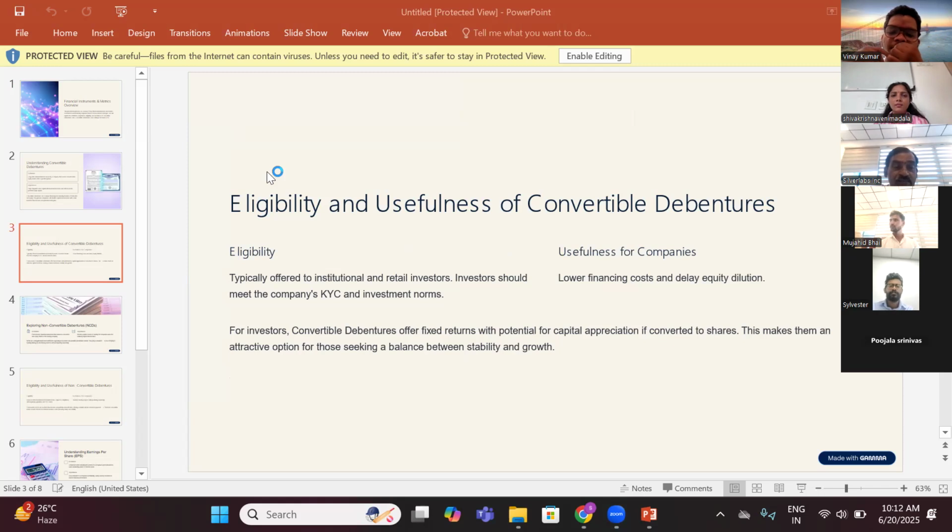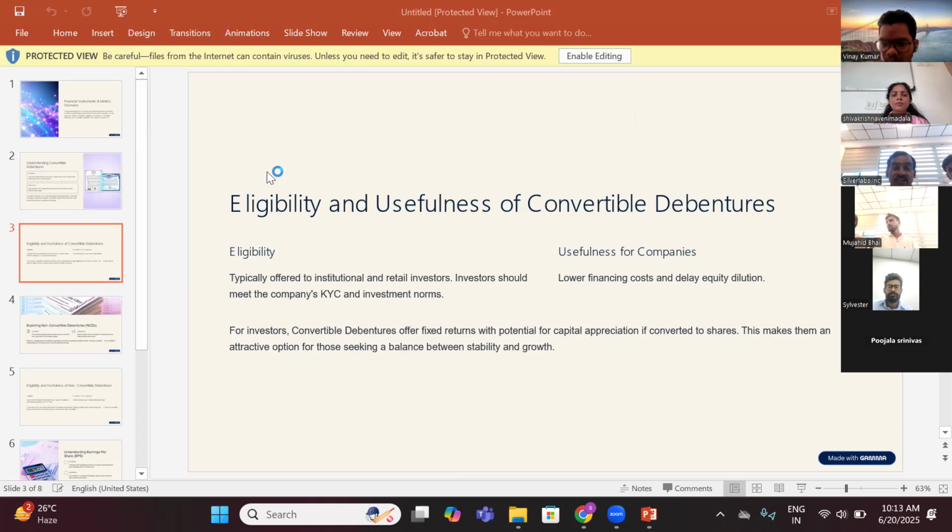Investors should meet the company's KYC and investment norms. For investors, convertible debentures offer fixed returns with the potential for capital appreciation if converted to shares. This makes them an attractive option for those seeking a balance between stability and growth.